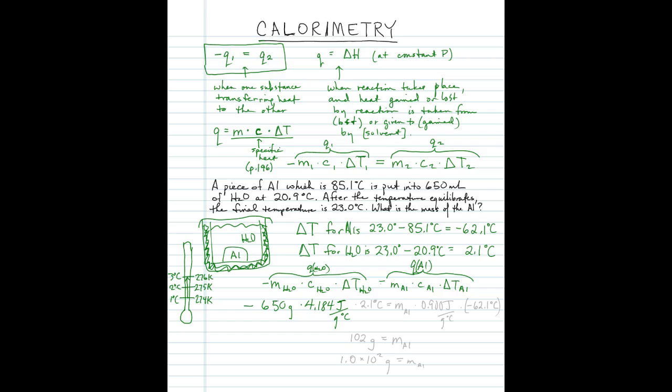Notice that even though there's less aluminum, it went down much more drastically in temperature than the water did. There's more water, but also, besides that, water takes a lot more energy to move it 1 degree Celsius, which is an amazing thing about water. It has a huge specific heat compared to most substances on the earth.